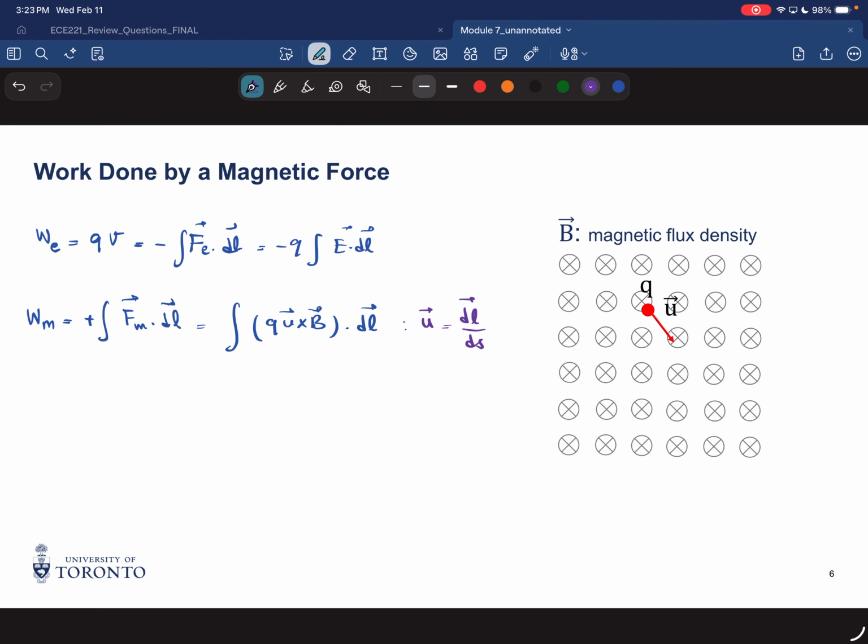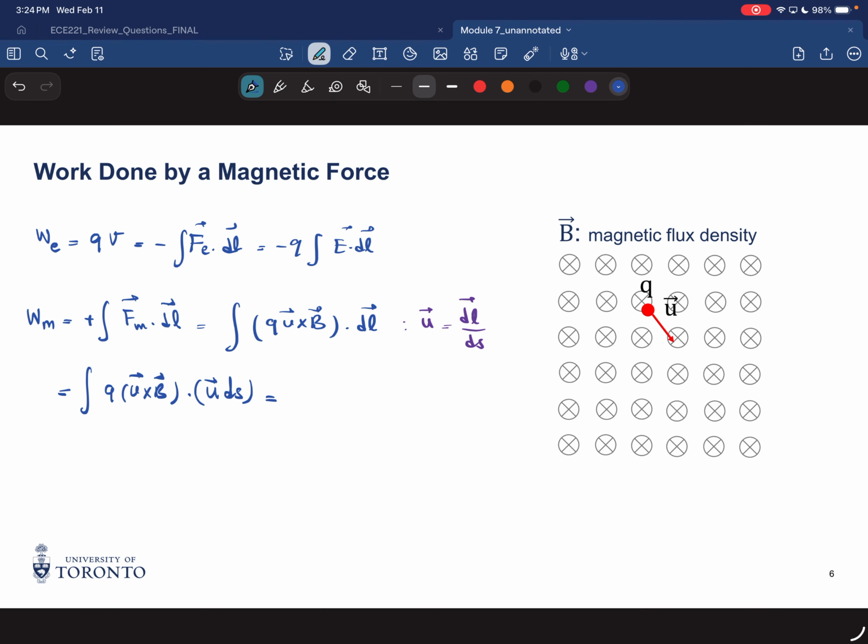U DS. So here, it's going to be Q U cross B dot U DS. What is this dot product? It is 0 because they're perpendicular.